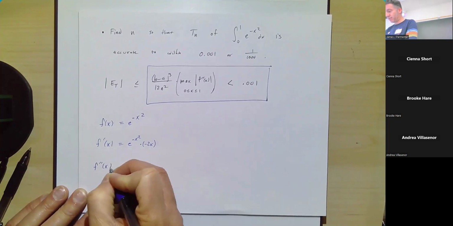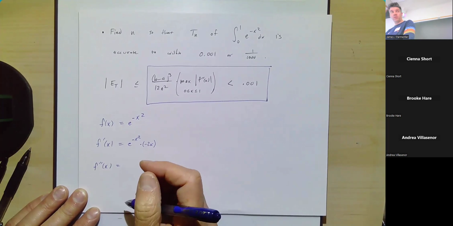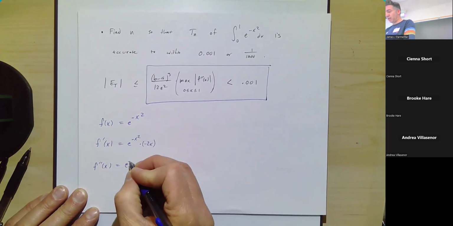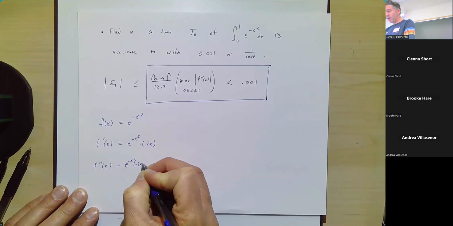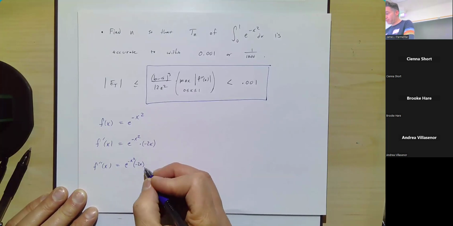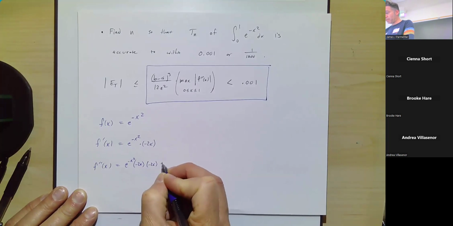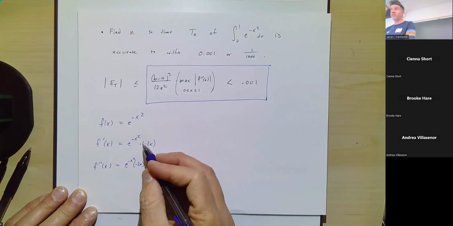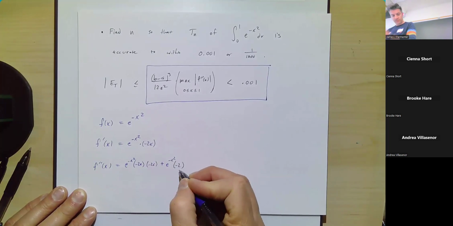It's product rule. The derivative of e to the negative x squared is e to the negative x squared times negative 2x, and then I multiply it by the other negative 2x hanging out over there. Plus, leave the e to the negative x squared alone and multiply by the derivative of negative 2x, which is negative 2.